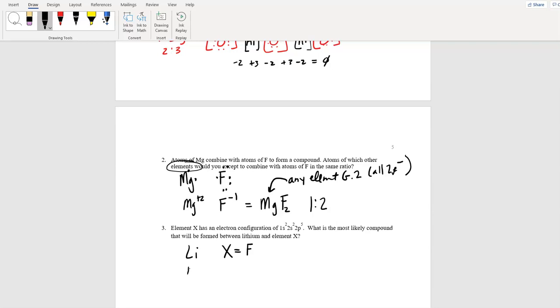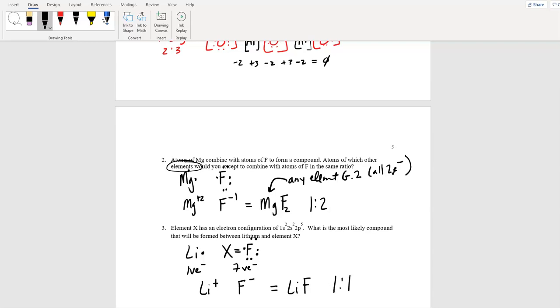So if lithium has 1 valence electron, and we already know fluorine has 7 valence electrons, what will be that ratio when they come together? Well, lithium's going to lose the 1 he has, and fluorine is going to gain the 1 that lithium just gave him. And when you do that, you're going to get LiF. 1-to-1 ratio.